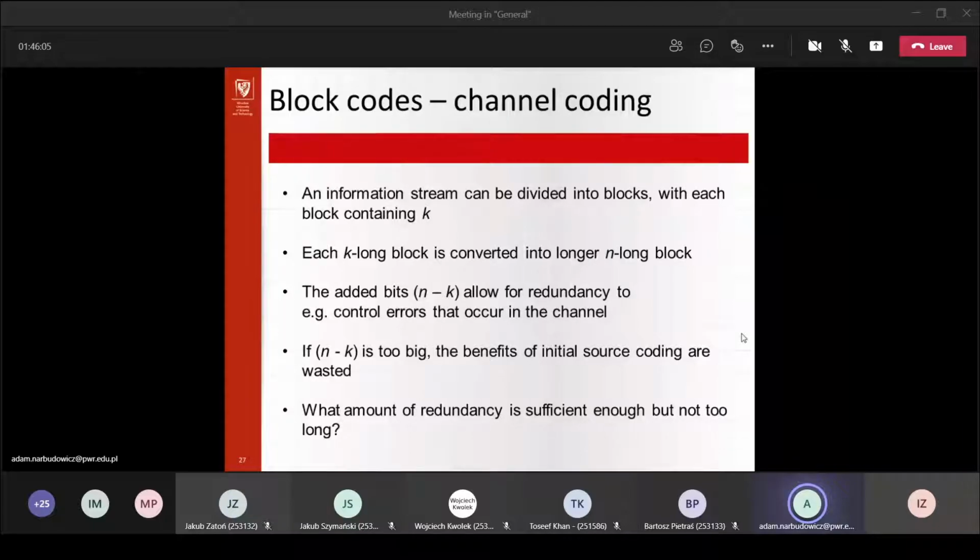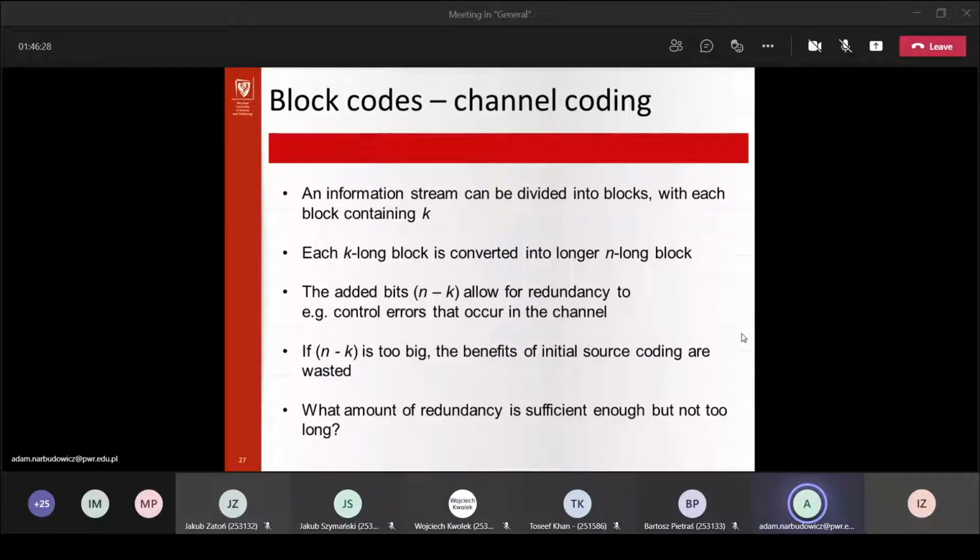Okay, so what amount of redundancy is sufficient enough to get your message across with high degree of probability, because you always operate here with probability. You very rarely are like 100% sure. So 99, 98%, that's actually good enough for us.